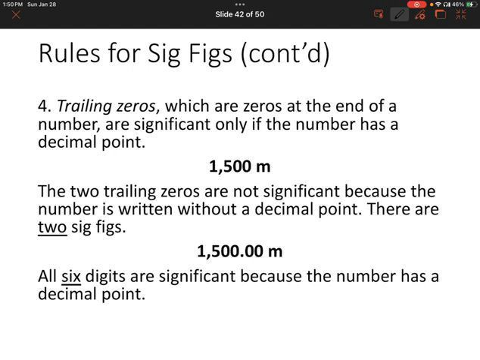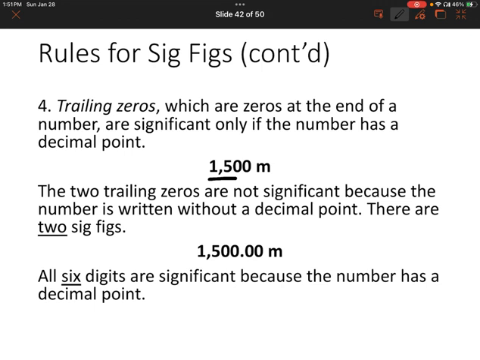Because we didn't put a decimal after it, we're indicating to others that we're only sure of these first 2 digits, 1 and 5. So the 1,000 and the 500. So we only have 2 significant figures in this value. So it's not super precise, it's more of an estimation, right?